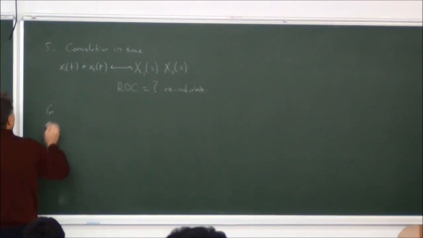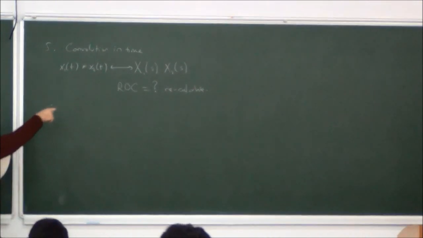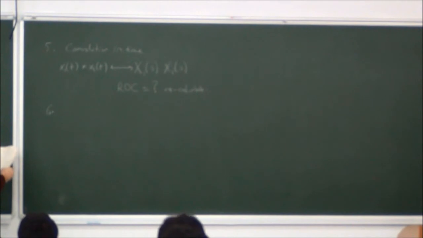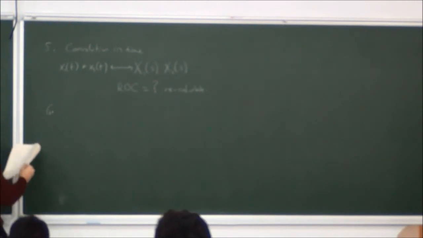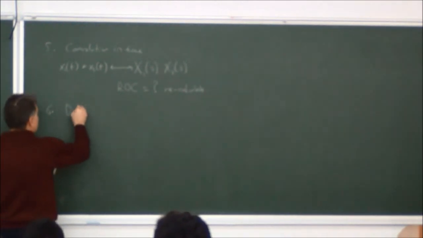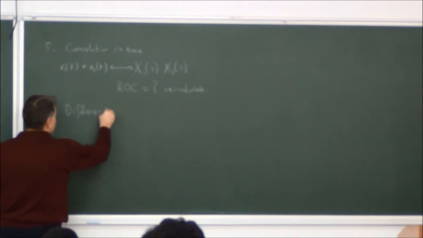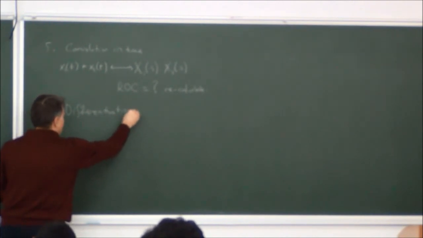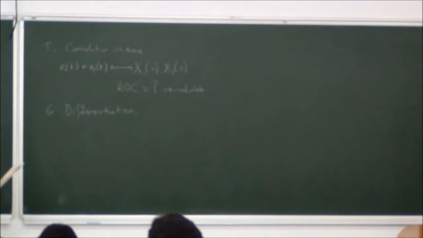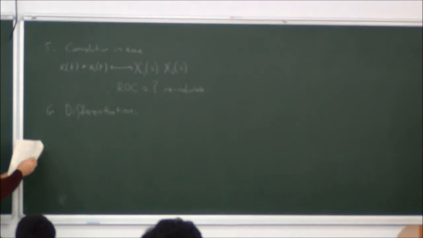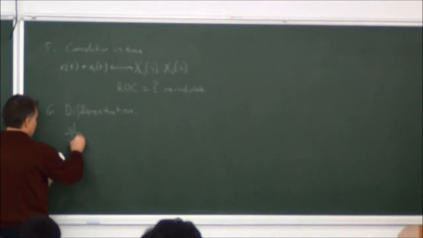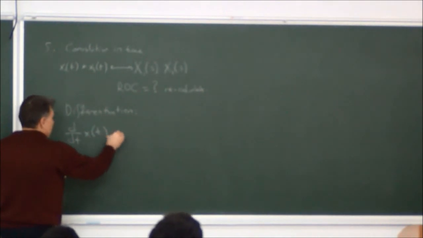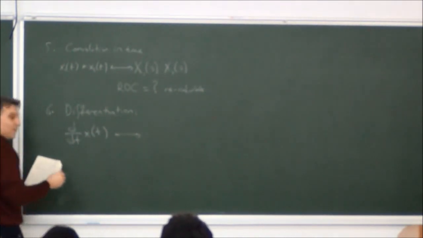The sixth, although it's the most important, we already know it, therefore I'm not dealing with any examples over there. The sixth one is differentiation. Now we are coming to a critical point at this instance, because this is something we are very familiar with.